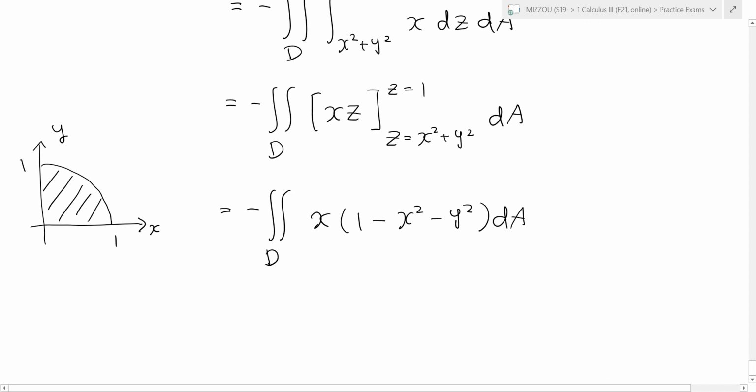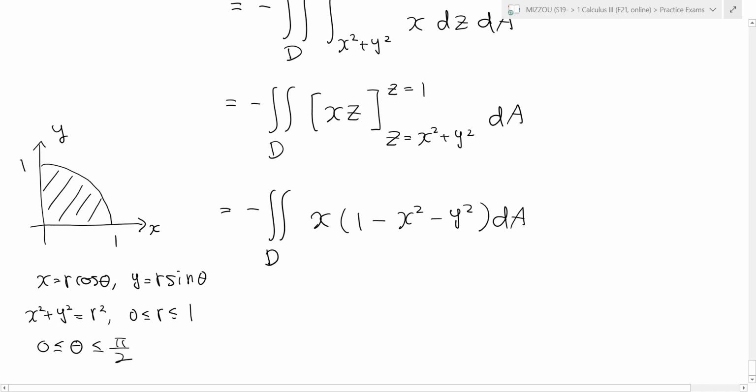So use polar coordinates: x is equal to r cosine theta, y is equal to r sine theta, and x squared plus y squared is equal to r squared, where r is between 0 and 1 and theta is between 0 and pi over 2.